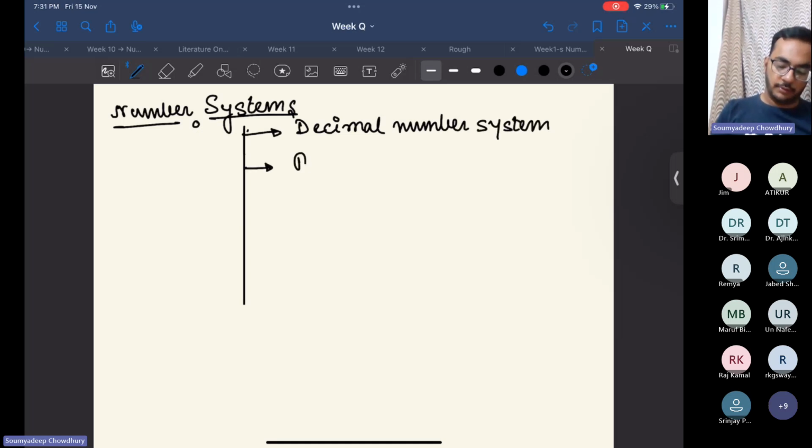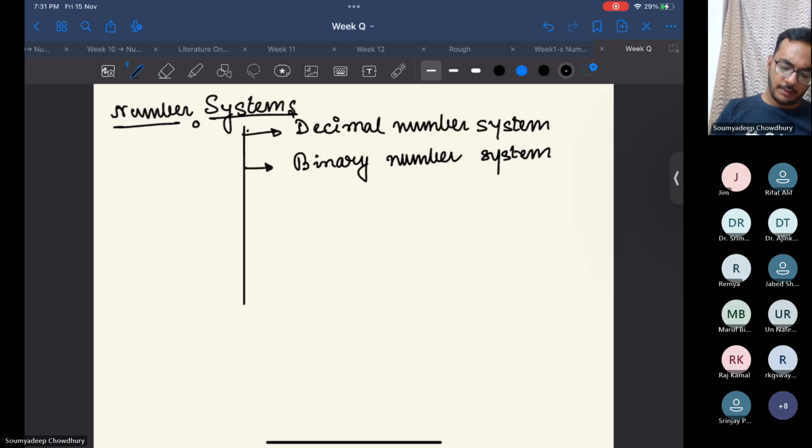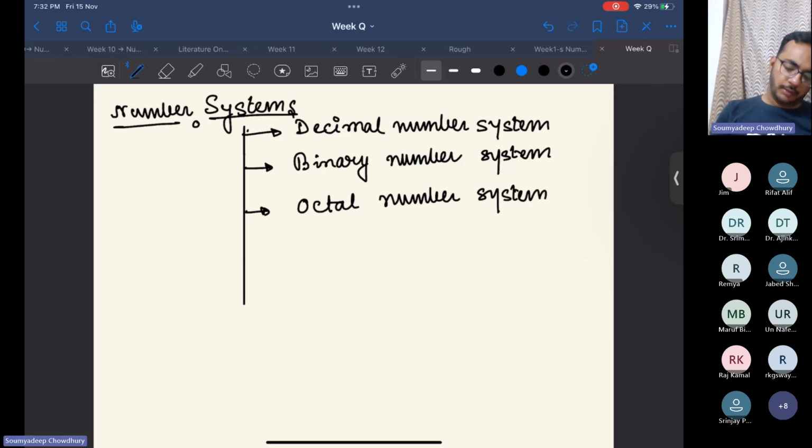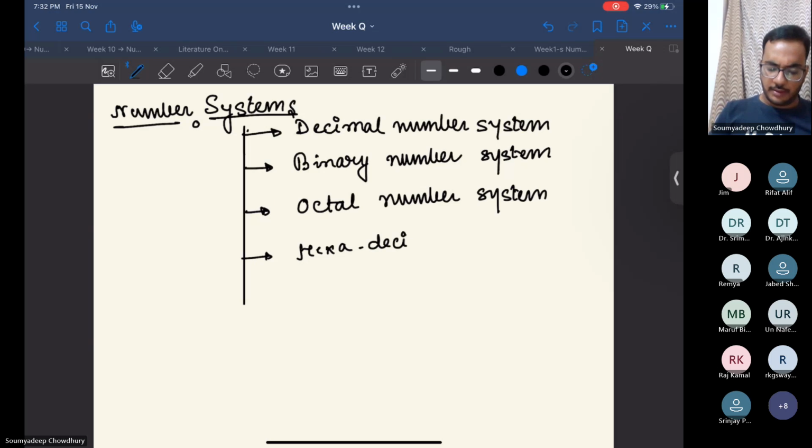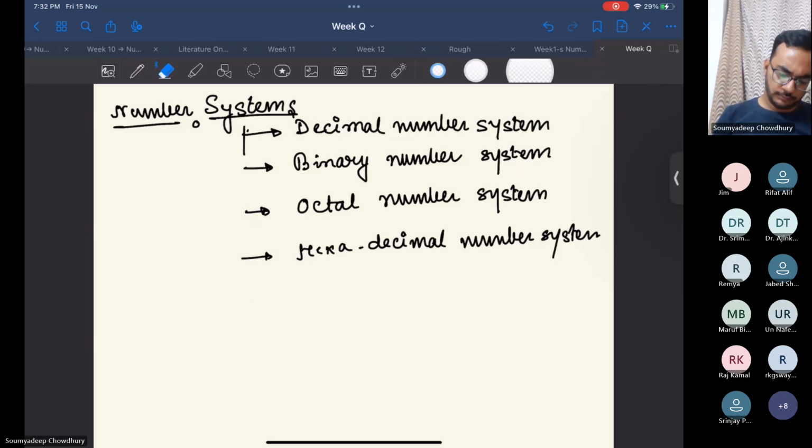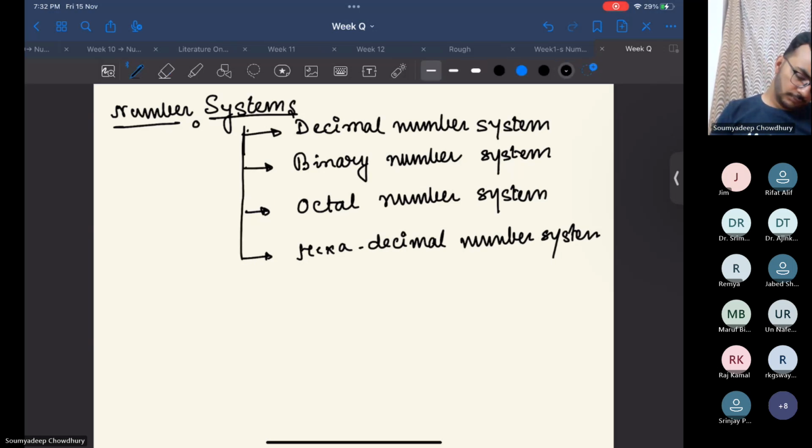Then the binary number system, then the octal number system, and lastly the hexadecimal number system. So we'll learn how to convert between these number systems.